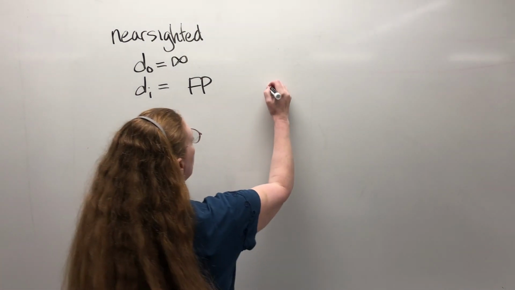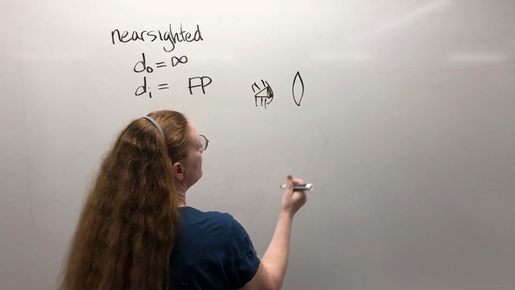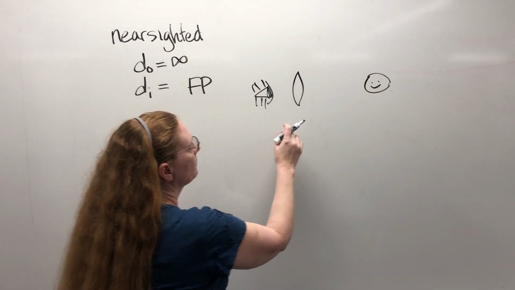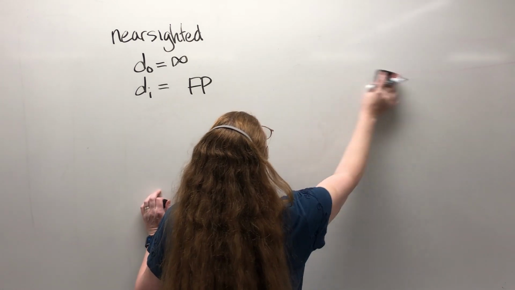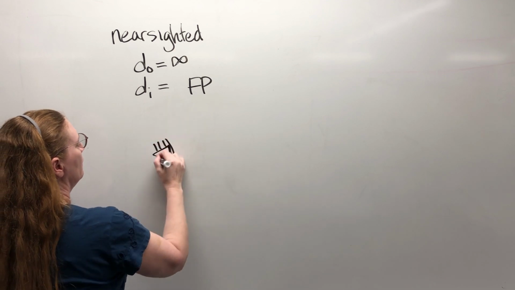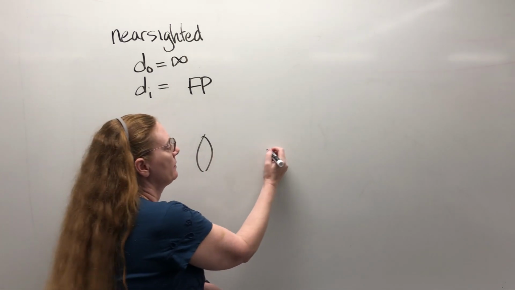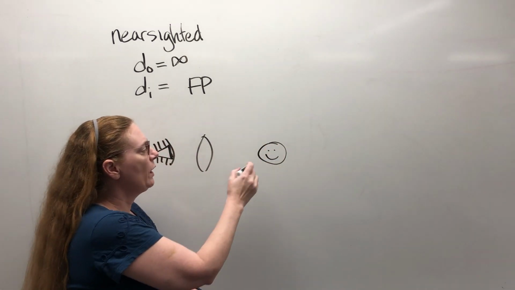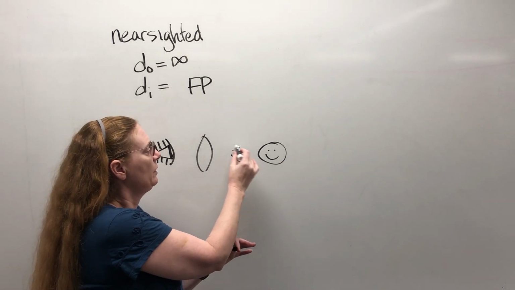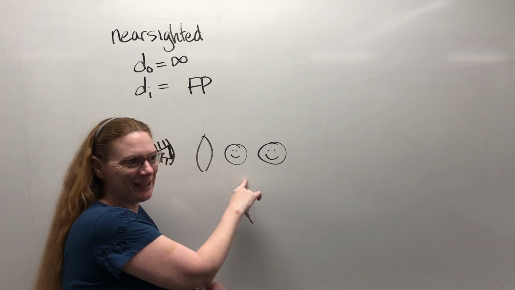So if we have my eye here, and here's my glasses lens, and there's an object. We want an image of this object to be upright, and it turns out we want it to be on the same side of the lens as the object.